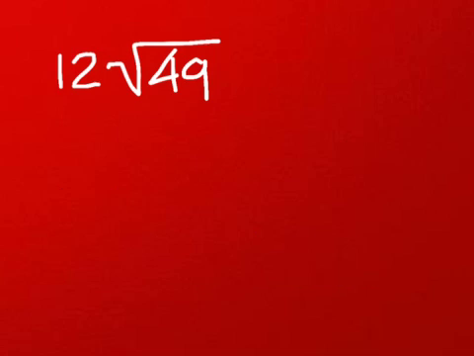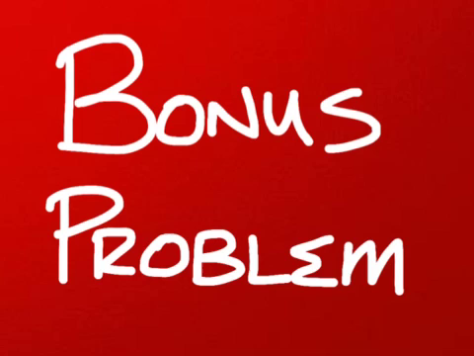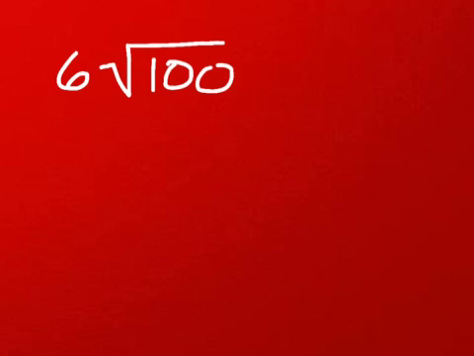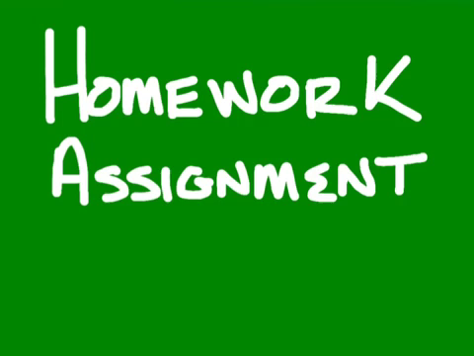Bonus problem. 12 times the square root of 49. Answer to the bonus is 84. Another bonus problem. 6 times the square root of 100. Solution is 60 for the bonus.